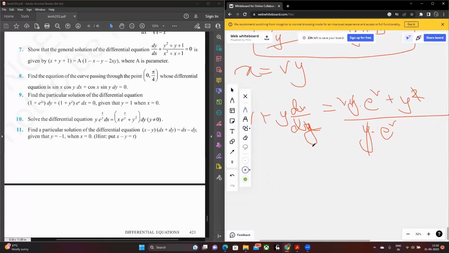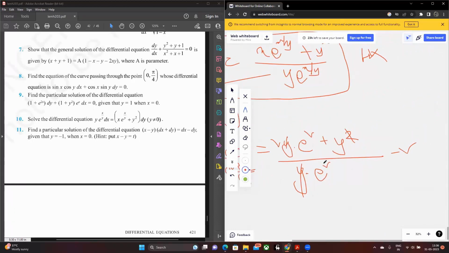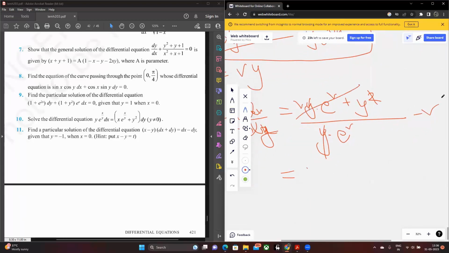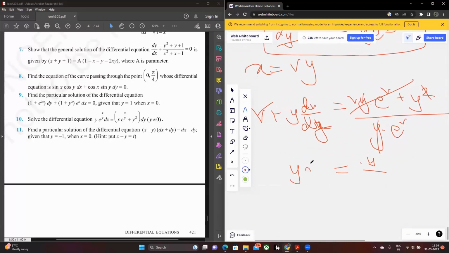So basically, do a minus v over here. This becomes v e power v plus y minus v e power v. So basically this and this cancel off, right? And so you are left with y dv by dy equaling y by e power v. Y and y cancel off.